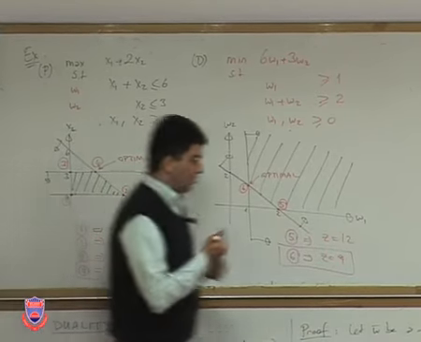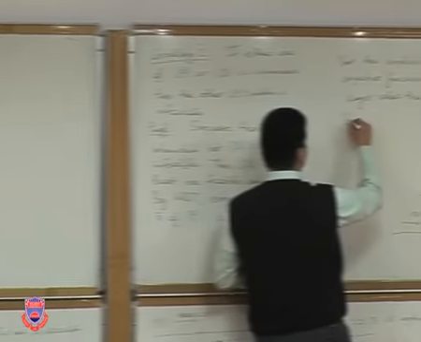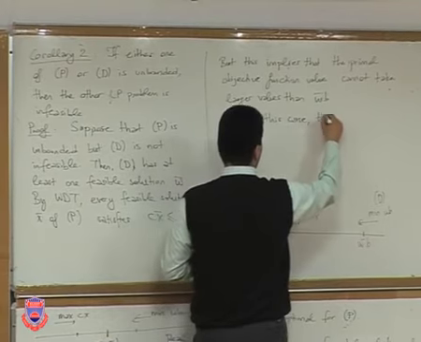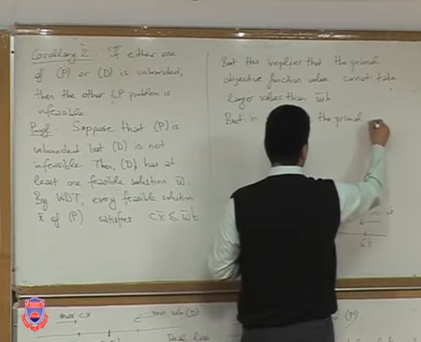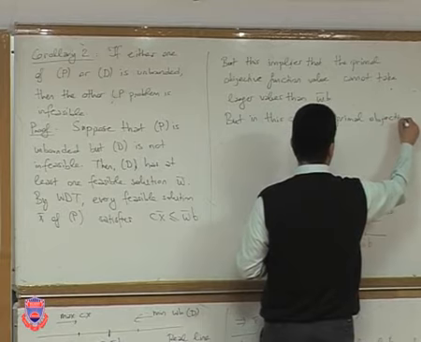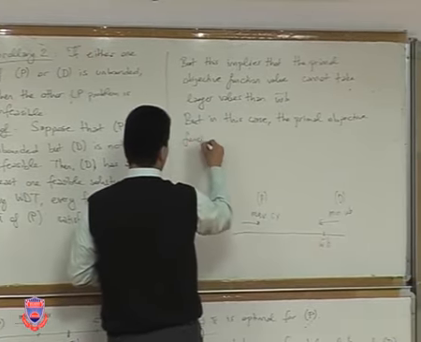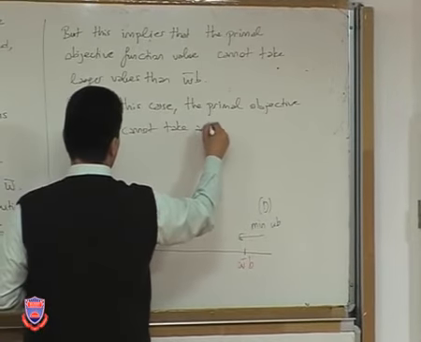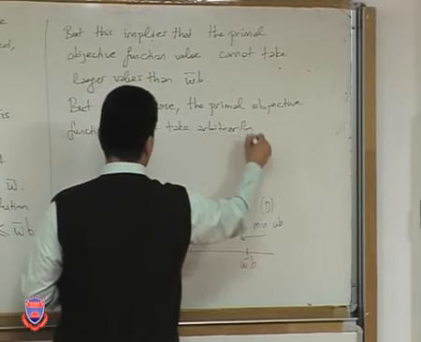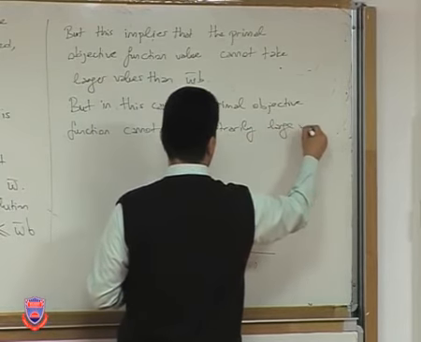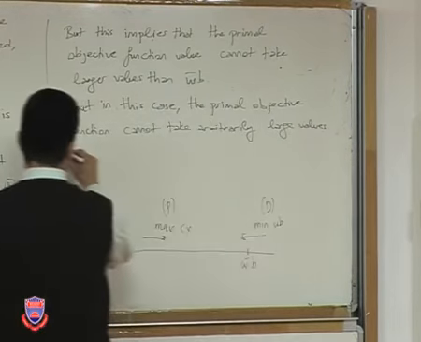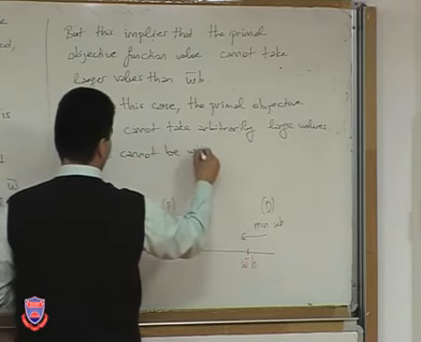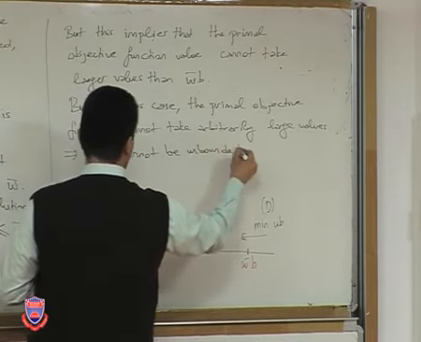Okay? So, but in this case, the primal objective function value cannot take arbitrarily large values. So this implies that then P cannot be unbounded. Okay?